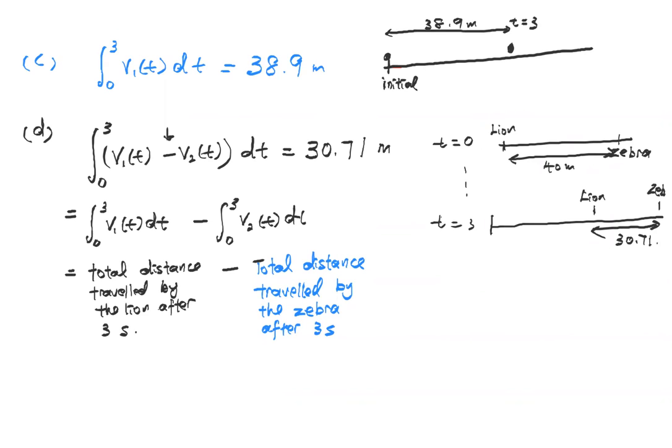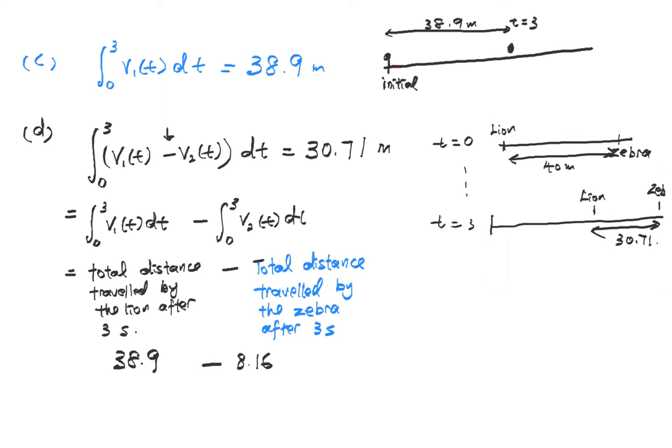So correct or not? In the first 3 seconds, the lion traveled 38.9. You take away. You count that one. What is the answer? 8.16.